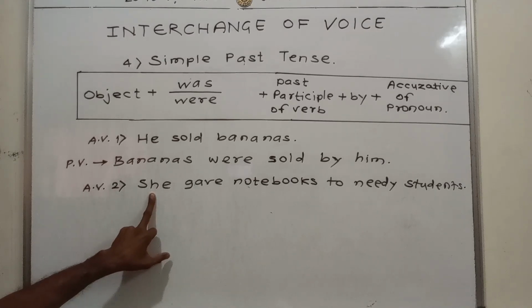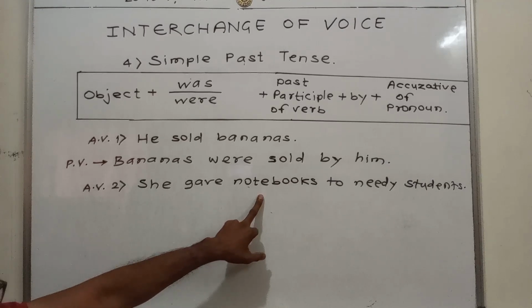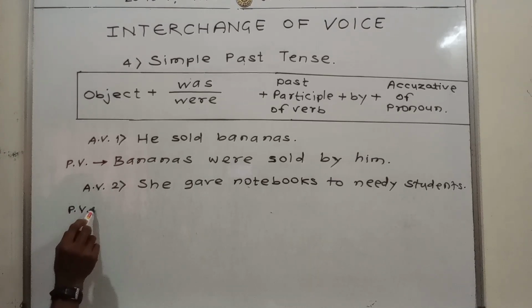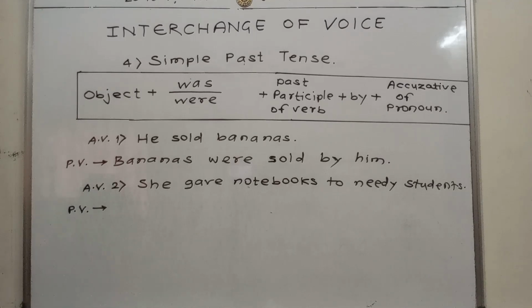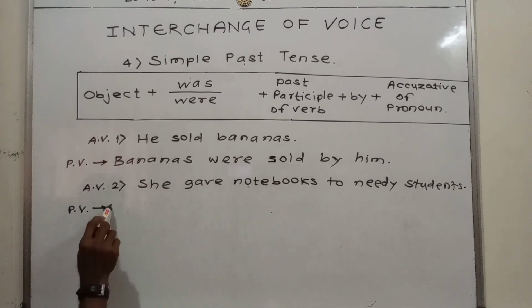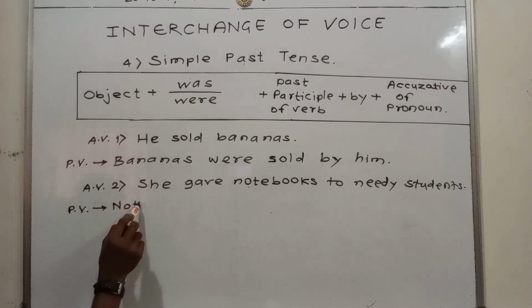Then she is the subject, main verb. Then this is object, and that is the remaining part of the sentence. Now when we make passive voice of this, then subject, verb, object. Object always first.